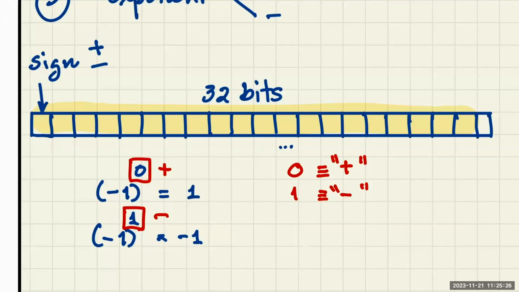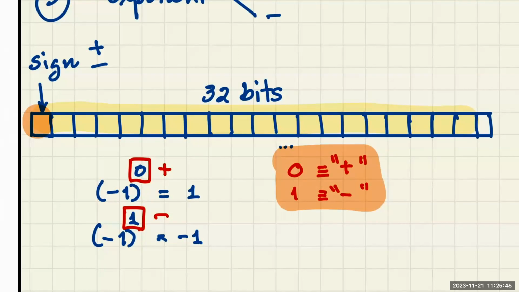So this first bit: if it has 0, it is a positive number. If it has 1, it is the negative sign.